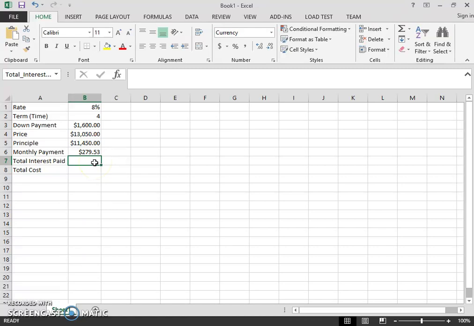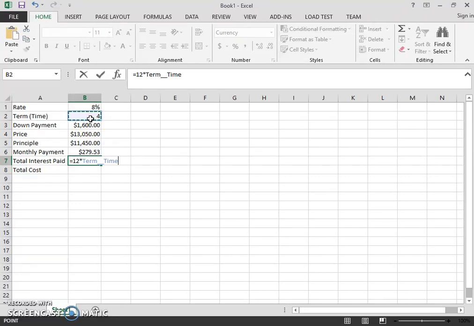Now, total interest paid. How much over the life of the loan are we paying on interest? To find this, we're going to go equal to, now how long are we paying? Well, we're paying 12 months times 4 years.